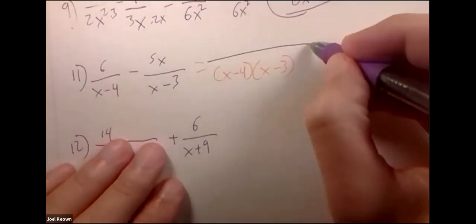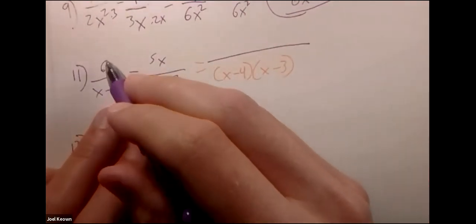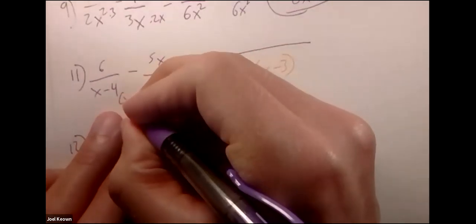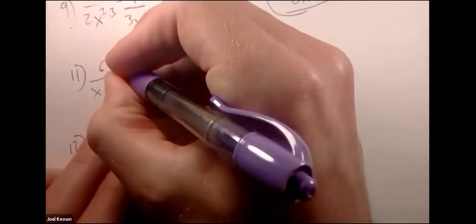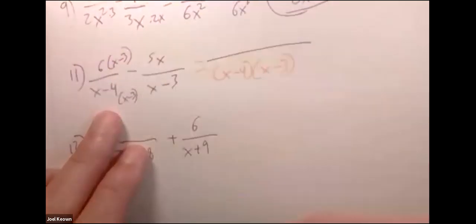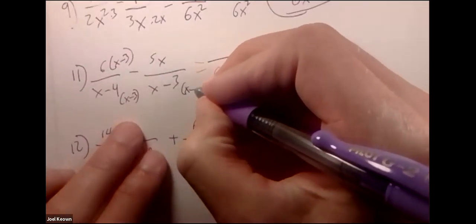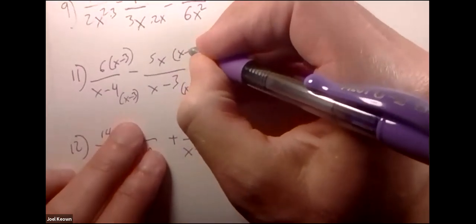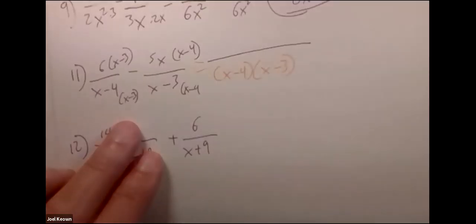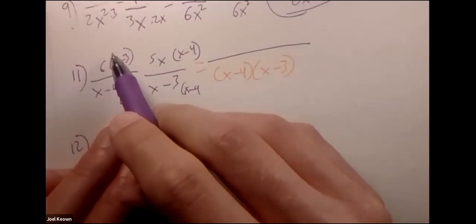Okay, so to do that, I need to multiply this one, top and bottom, by x minus 3. I need to multiply this one, top and bottom, by x minus 4. And then I'm going to distribute.